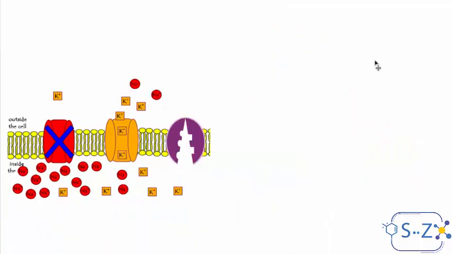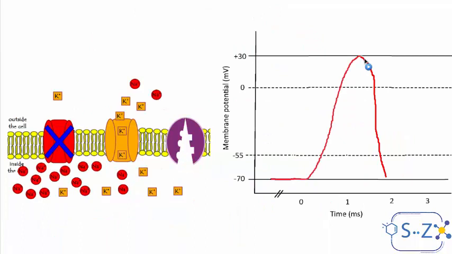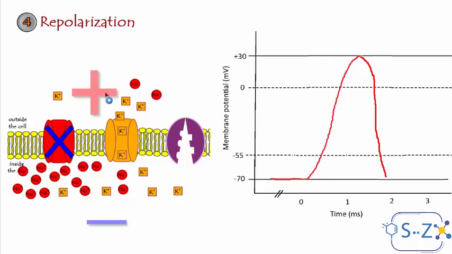When this happens, the potential difference starts to decrease again, because now the cell is no longer only positive inside and negative outside. The positive ions are leaving the cell to make it positive outside again, and so we call this phase repolarization, because we want to return the cell to its original state where it is positive outside and negative inside.